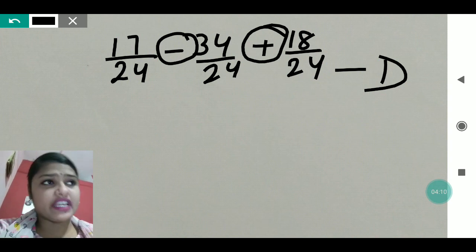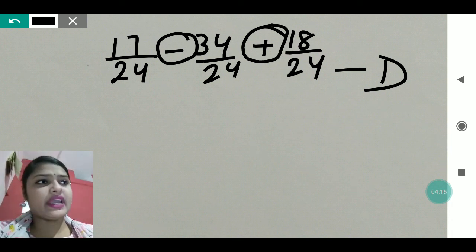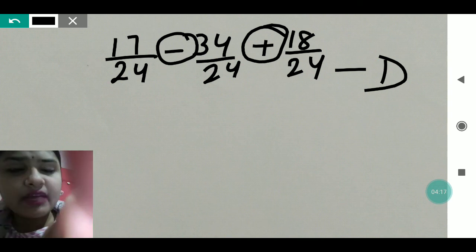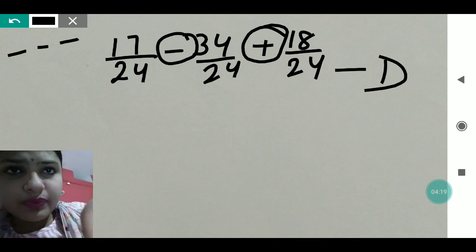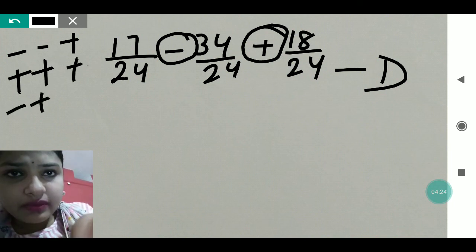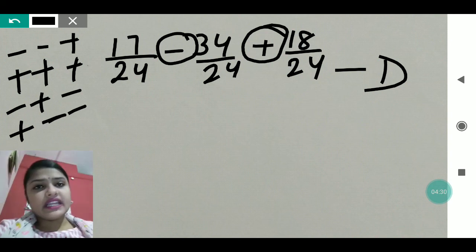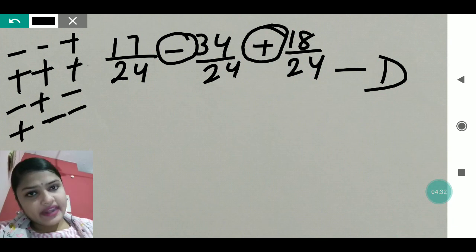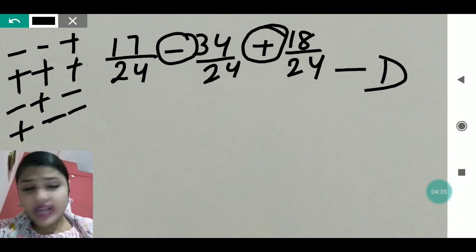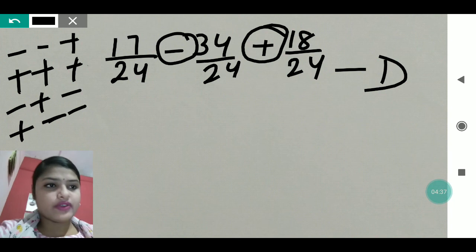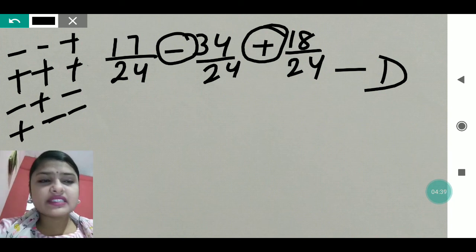According to simplification, you have learned about minus minus, plus plus, minus plus, plus minus. This much we have learned, right? If the same sign is there, then we used to add. If the different sign is there, then we used to subtract. So the same rule you have to apply here.